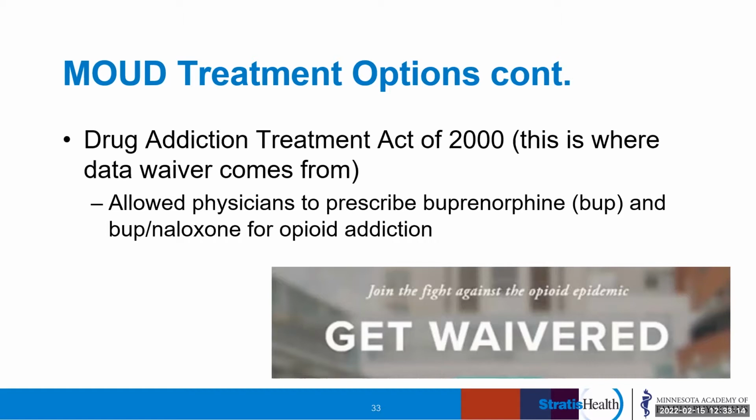This is where they basically said, if you're going to be prescribing buprenorphine or Suboxone, you need to have a special little course, an 8-hour course. And at that point, nurse practitioners and PAs were not allowed to prescribe this. So this was just for physicians in 2000.